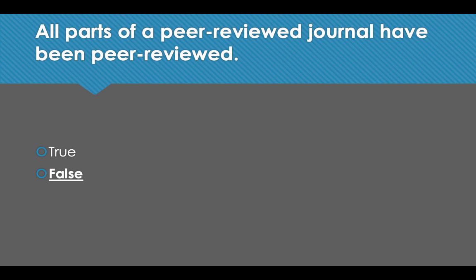You would send it in to the editor, and the editor will assign, or sometimes you can suggest people to review, but the editor will seek out 2, sometimes 3 people to review your article. And it's done in an anonymous fashion. So it's a blinded article. They don't know who wrote it. They only know that it's this particular article about a study, etc. So that's what a peer-review process is.